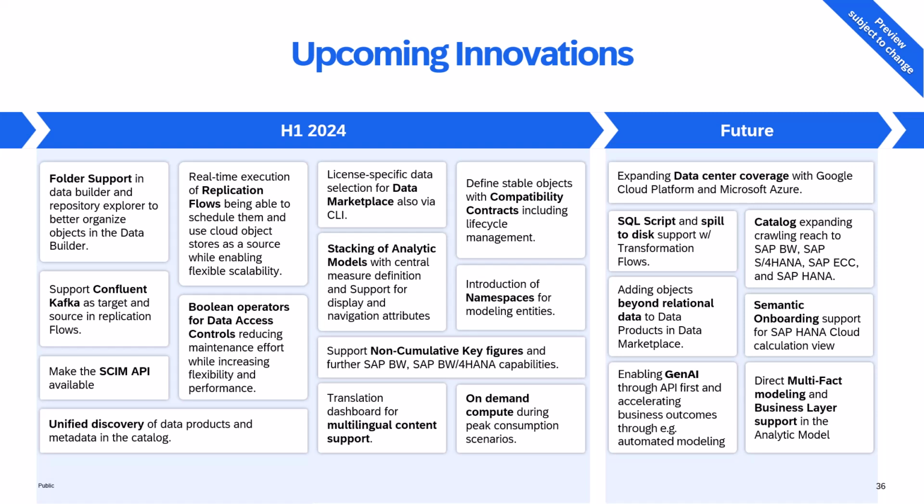The catalog will be enhanced as we did it over the past months with different crawling capabilities for BW, for S/4HANA and ECC, and also SAP HANA systems later in the year. Semantic onboarding will be further built out with supporting calculation views later this year. Also adding data products which go beyond the traditional or classic relational data products in the data marketplace.